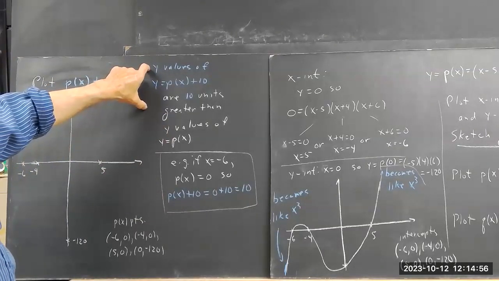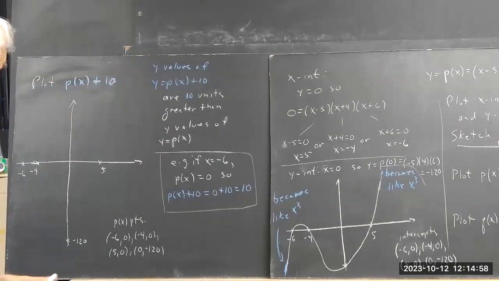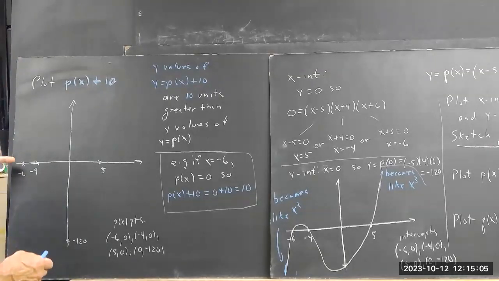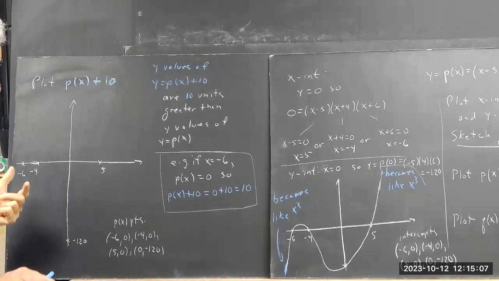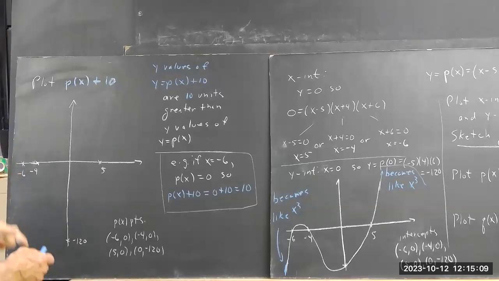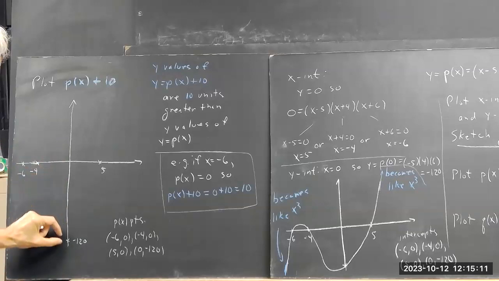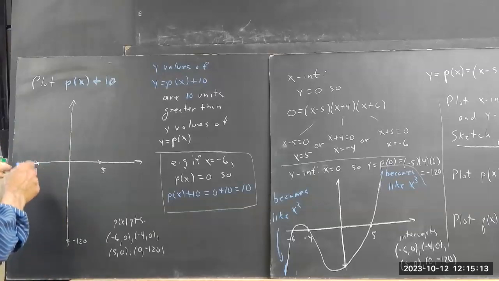So now you understand that instead of the point negative 60, which is on the graph of P of X, we get the point negative 610. Now 10 isn't very big. I mean, there's 120, so 10 would only be maybe this high. Probably not even that high, but let's just say this, okay?